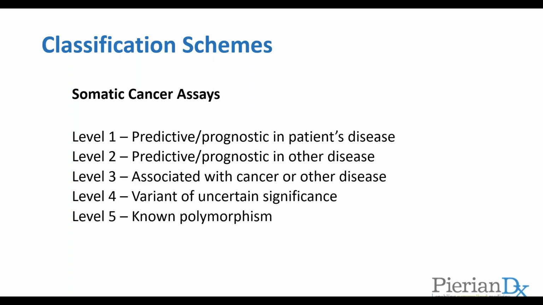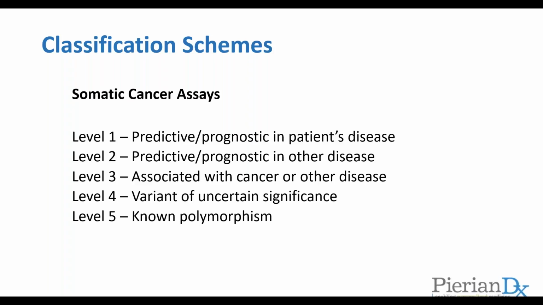The classification scheme for somatic cancer assays, any of you already in production will be very well familiar with this. It's a 5-level classification scheme where levels 1 and 2 are actionable categories where there's some predictive, prognostic, or perhaps diagnostic information, either in the malignancy of the patient exhibits or another malignancy.